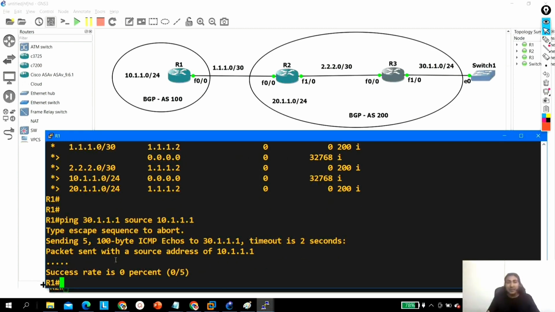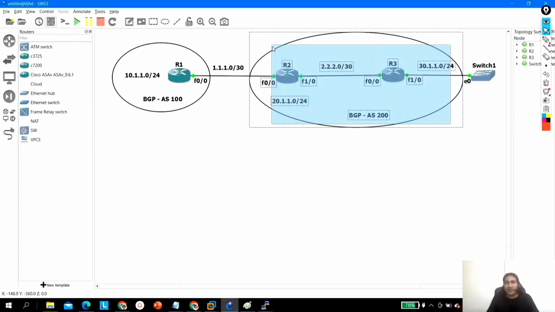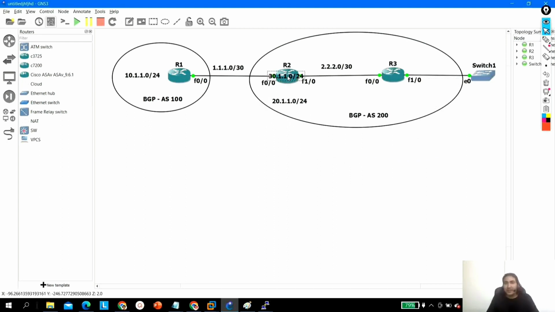Either we can disable BGP synchronization or we can run IGP protocol. So between router 1 and router 2 here in this domain, I am going to run IGP protocol. So once I run IGP protocol, router 2 will install this prefix in their routing table via IGP, via OSPF, via EIGRP, via any protocol, right?